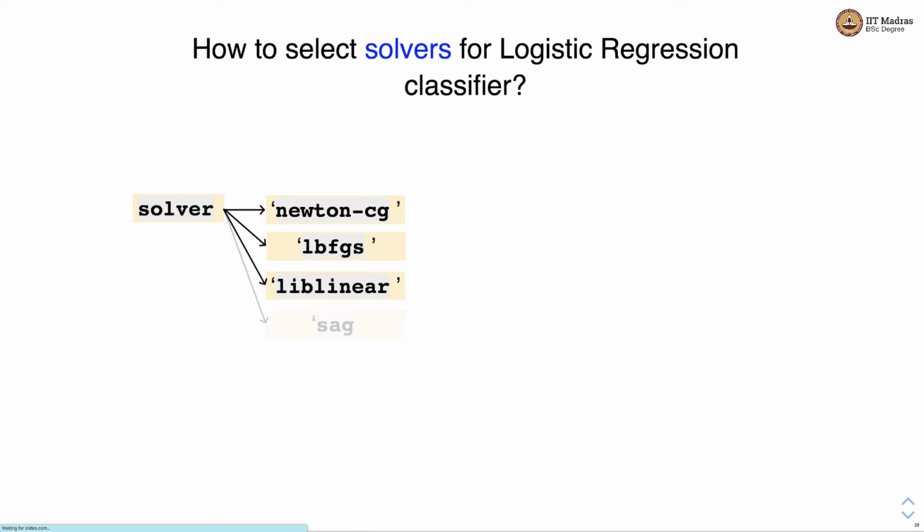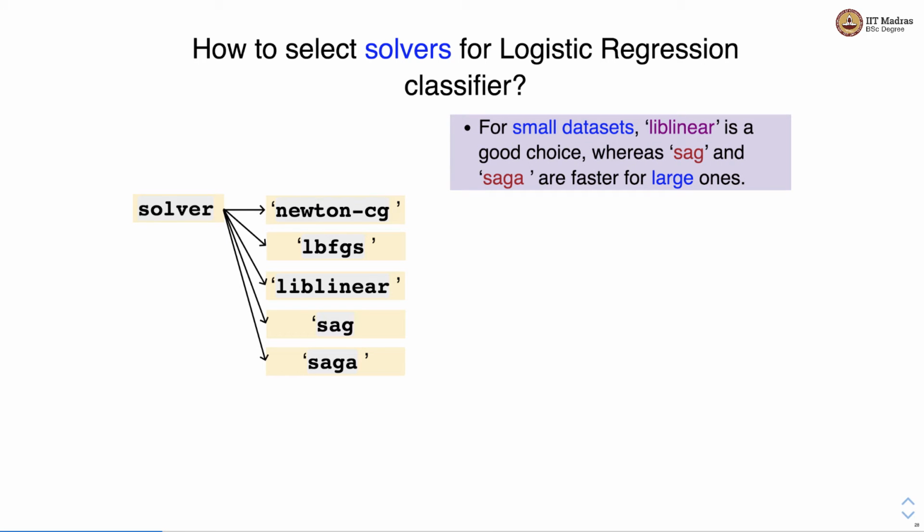There are 5 different solvers that we can use, namely Newton CG, LBFGS, LibLinear, SAG, and SAGA. These are basically different optimization algorithms. And as part of the practice course, you need to learn how to use these solvers and also find out what the suitable situations are for using them. You're not expected to know the details of the optimization procedures behind each of these solvers.